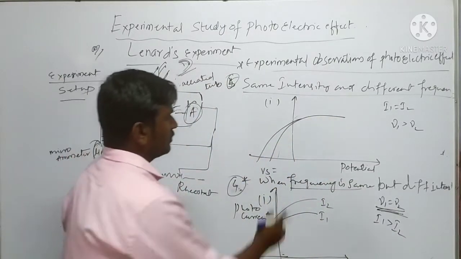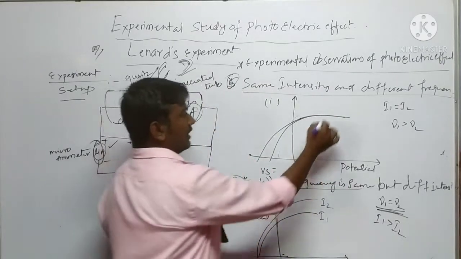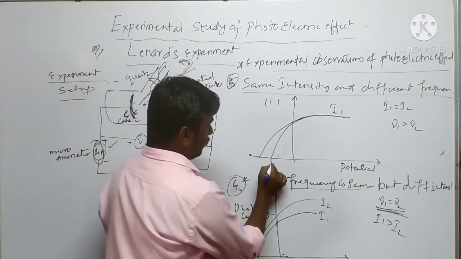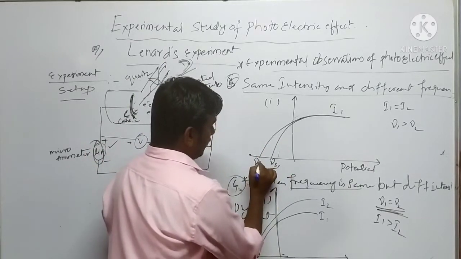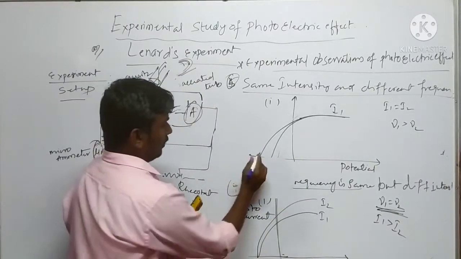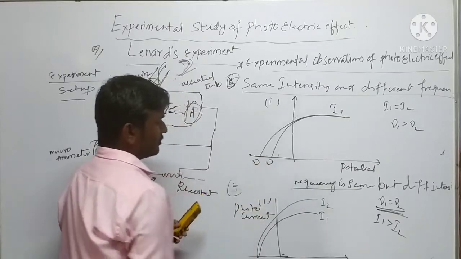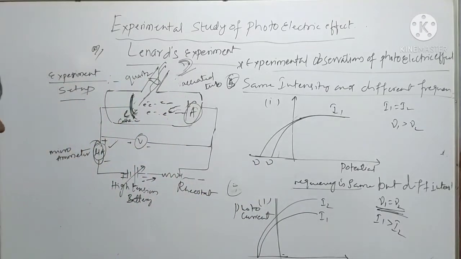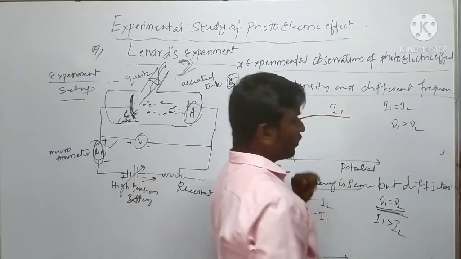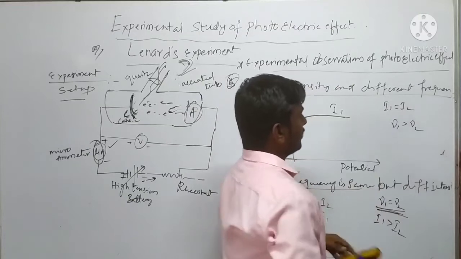This is the one type, intensity I1 equals I2. Therefore Vs1, Vs2 are the stopping potentials. So this is the effect on photoelectric current, keeping intensity the same but different frequency.